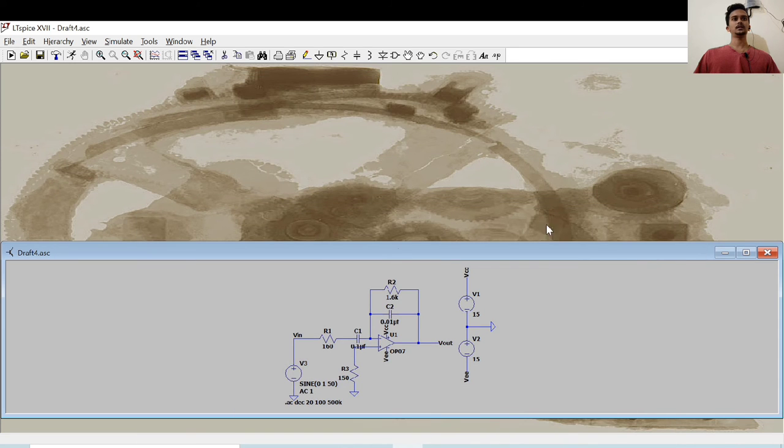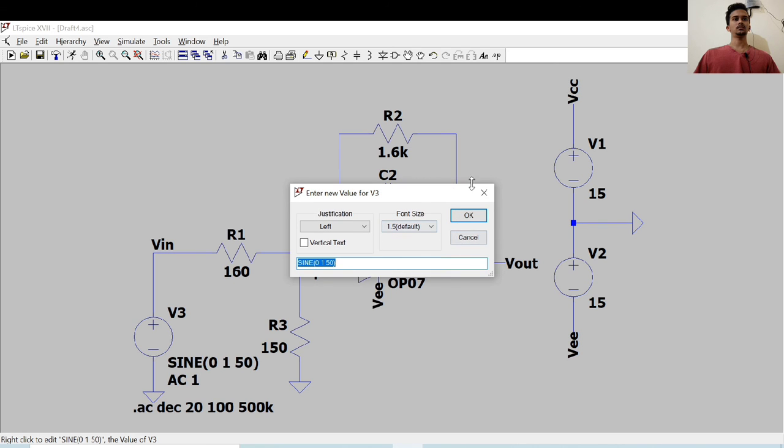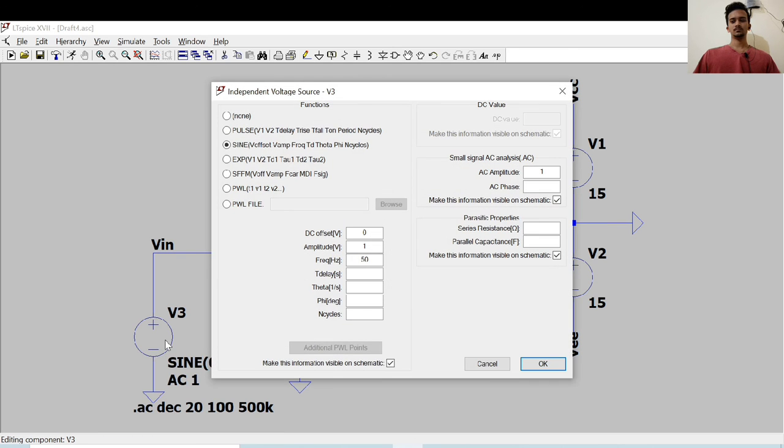So let's see this. So sine wave. We'll take here 0 offset, and then amplitude 1 volt peak to peak, and here we will go for 200 hertz.